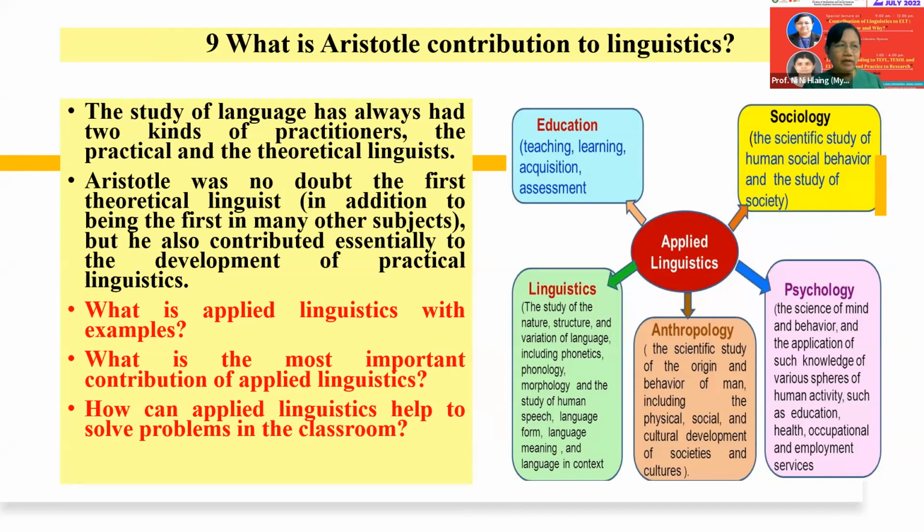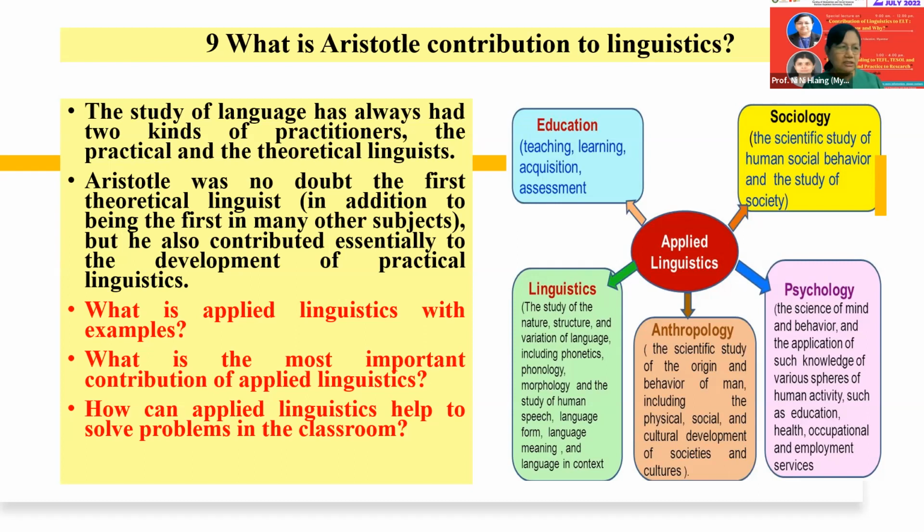So the study of language has already had 2 kinds of practitioners, the practical and the theoretical linguists. So Aristotle was no doubt the first theoretical linguist, in addition to being the first in many other subjects, but he also contributed essentially to the development of practical linguistics.